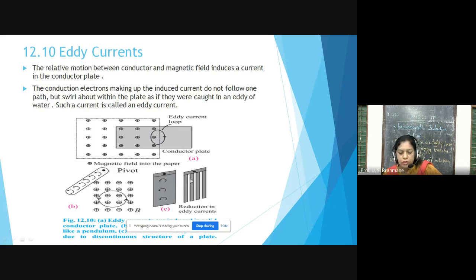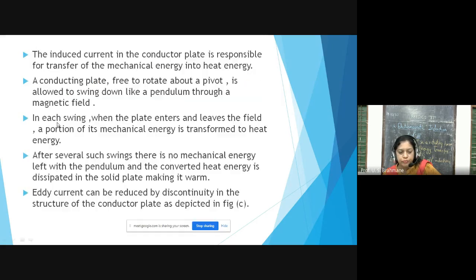But because it is slotted, the structure is restructured in such a way that you can see there are gaps, and because of this, the eddy currents are stopped. You will see that the induced current in the conductor plate is responsible for the transfer of mechanical energy into heat energy.